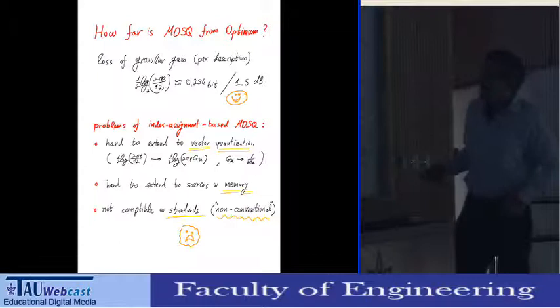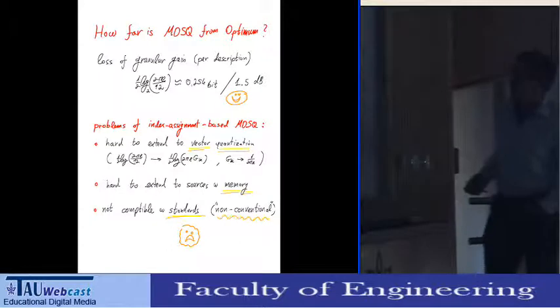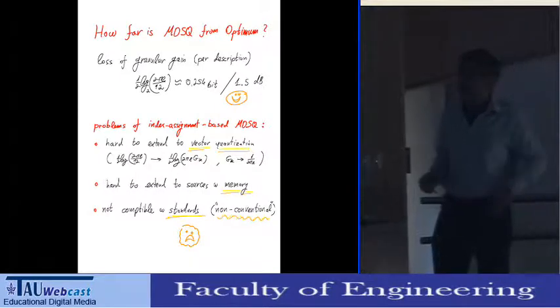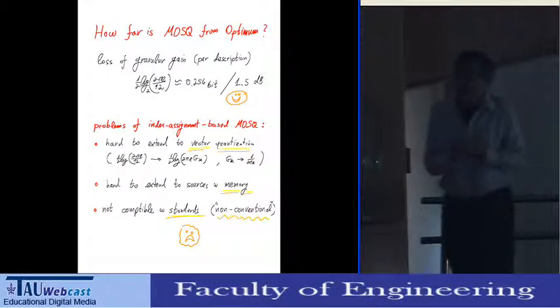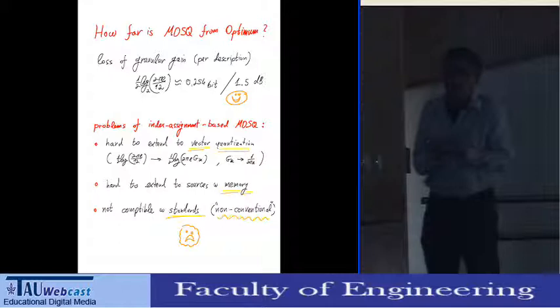Again, the happy guy would say this is great, but the bad guy would say, okay, but what are the disadvantages? So one disadvantage is that it's hard to close this gap. It's hard to generalize this idea into vector quantization and thus get rid of these constants. Another problem is it's hard to use it for sources with memory.